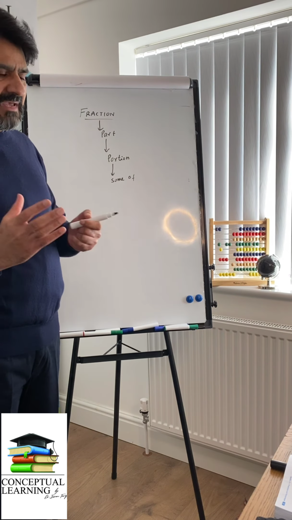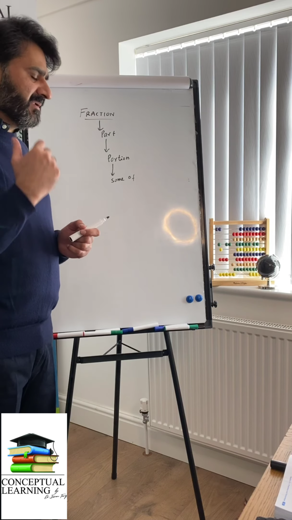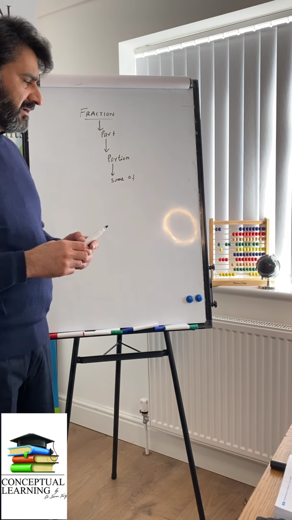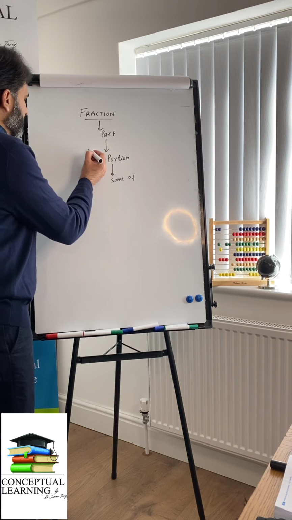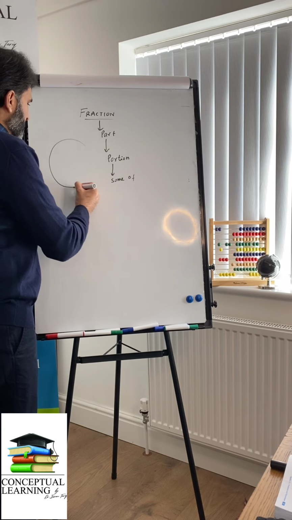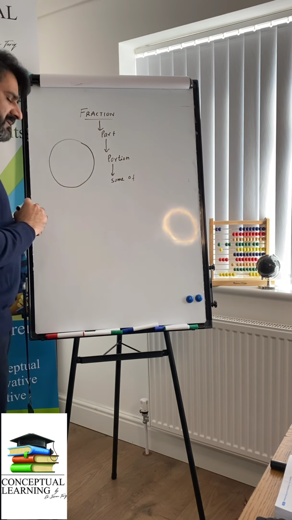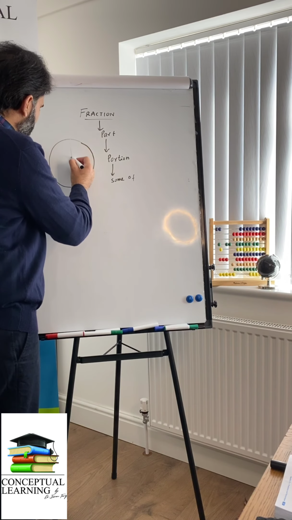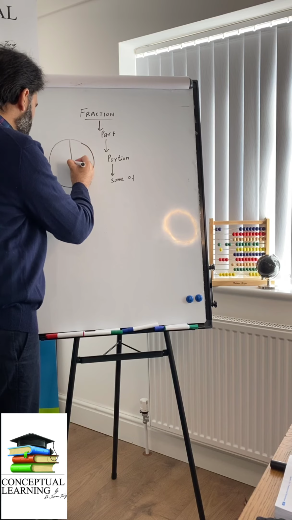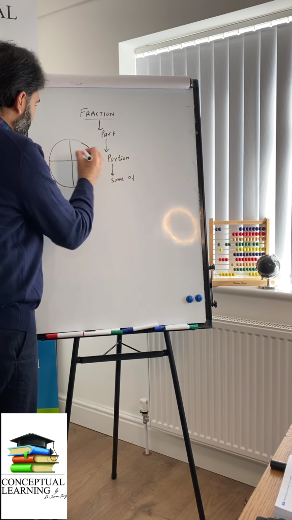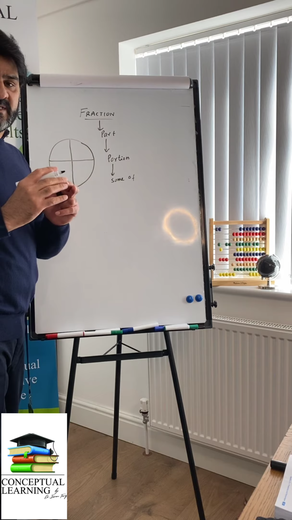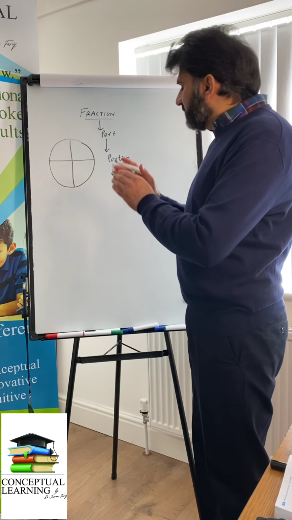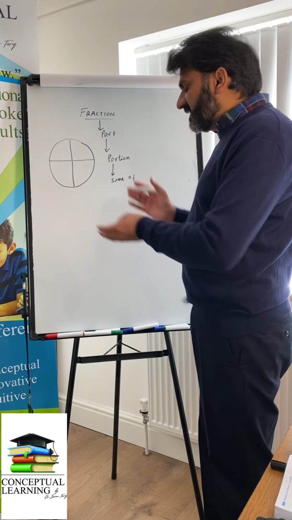Because this is maths, another word comes to my mind. For example, if we have anything like a pizza, I draw a pizza, and this is a whole pizza. Then we can cut the pizza into 4 equal slices.